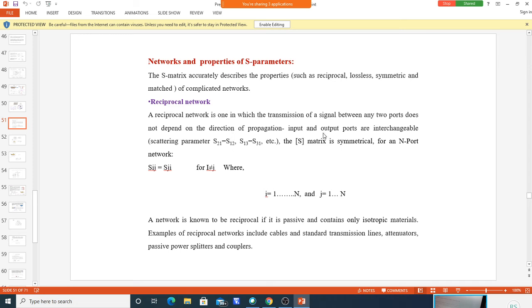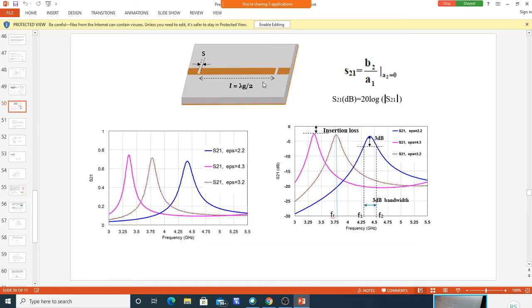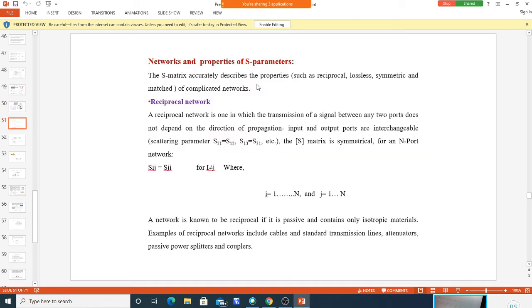Sending the signal in both directions, it remains the same. For example, a microstrip resonator, not a lumped element resonator. For this resonator, this is a reciprocal network. But if you consider an amplifier, is it a reciprocal network?